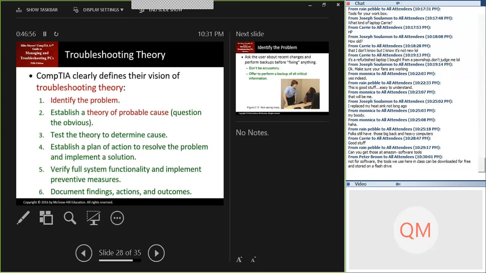Not like that corny song that lady made, but we're not going to talk about that. The 6 troubleshooting steps are in the book. We're going to talk about it next class, and I'm going to be asking questions. There are certain things I'm going to tell you that you need to memorize, like ports and what they do. You need to memorize those too, but we'll get to that later.